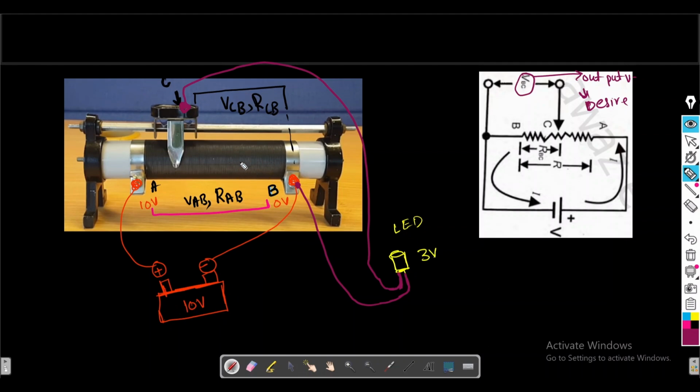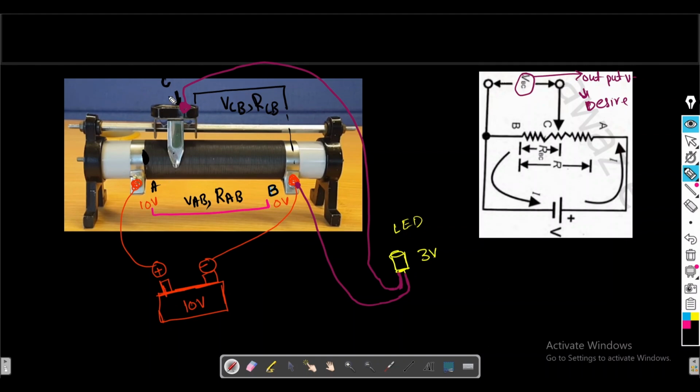So let's discuss that. Consider the sliding contact is present at this point, then the potential difference between A and B is 10 volt.